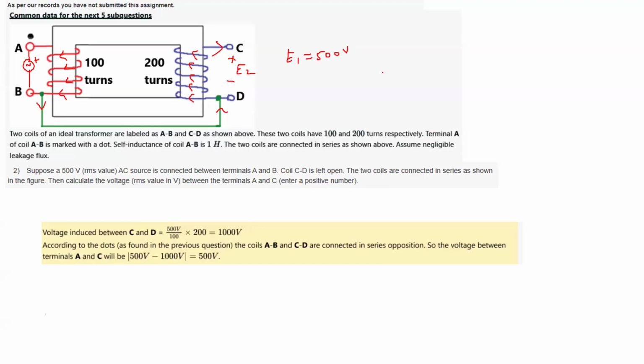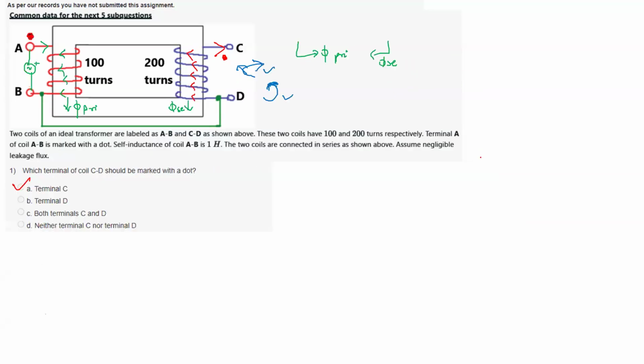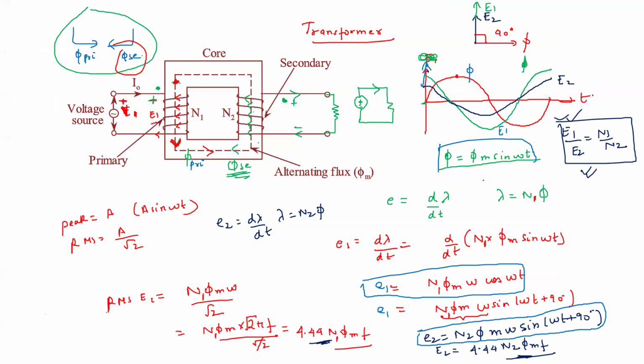So what will be E2? We know that the ratio of the RMS values E1 by E2 is equal to N1 by N2. We found this relation earlier, and the same relation we are applying here.